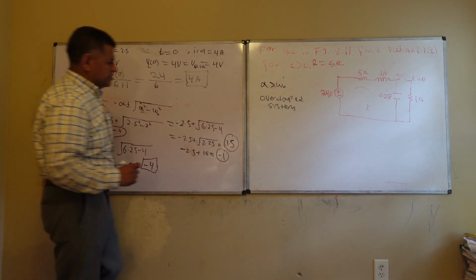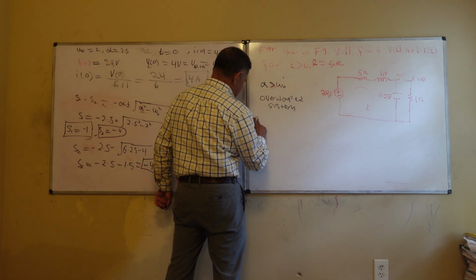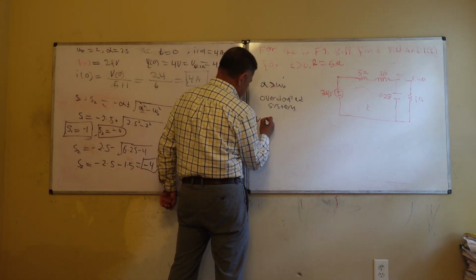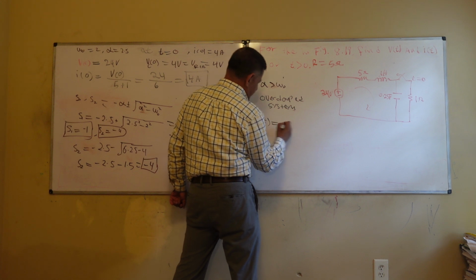So basically, if it's a voltage, v of t is going to be equal to what?